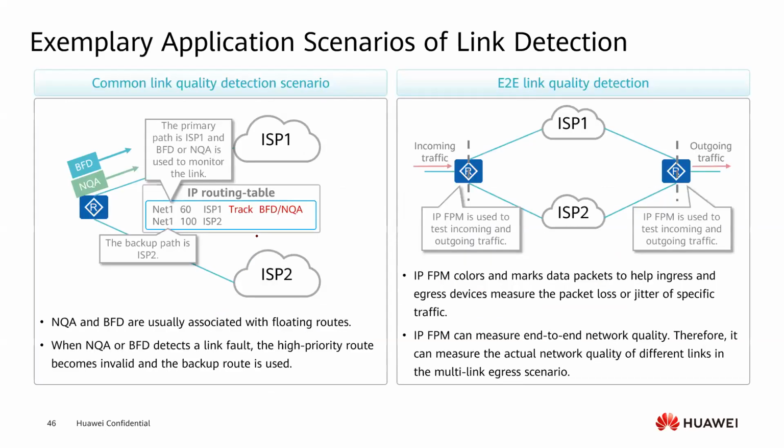So a little about usage scenarios. NQA, or maybe BFD, we can use in the floating route entry scenario, to detect whether this network, this route entry, is okay or not.